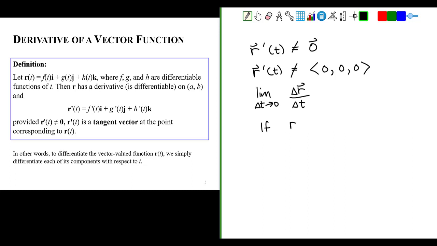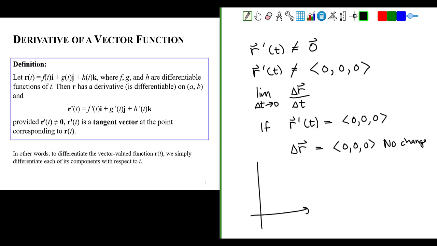If we allowed the derivative vector to be equal to the zero vector, and again, I'm saying we can't allow that, this is a hypothetical, if r prime was equal to the zero vector, then that would mean that our delta r, the change, was equal to the zero vector. In other words, there would be no change in our position if the derivative was equal to 0.